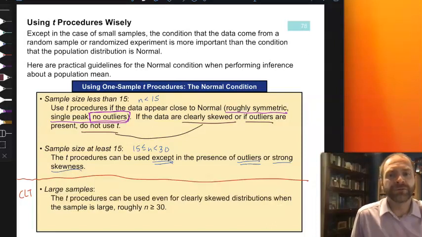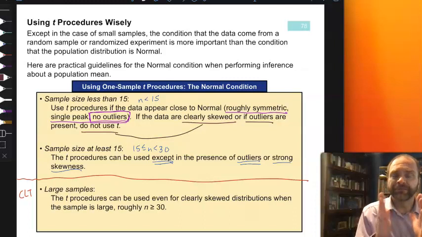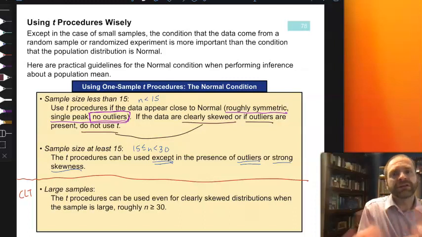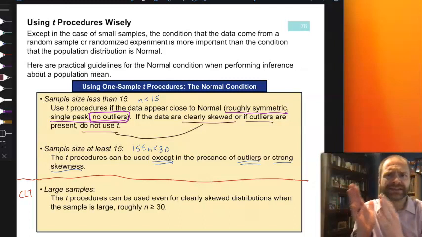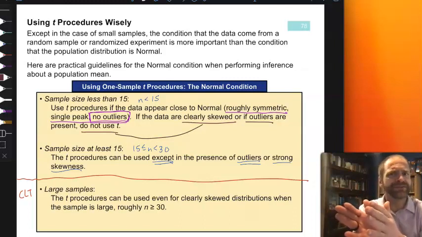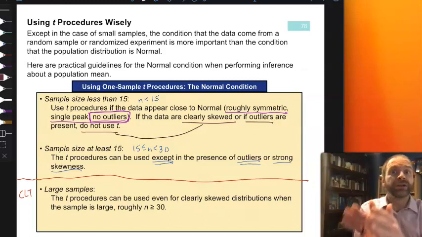It breaks apart with the idea of over 30, central limit theorem. Between 15 and 30, okay, you still have a pretty good size. So we'll allow slight skewness, but you better not have outliers because that's not good for the data. And you get less than 15. That's a really small sample size, so your sample has to be really good.